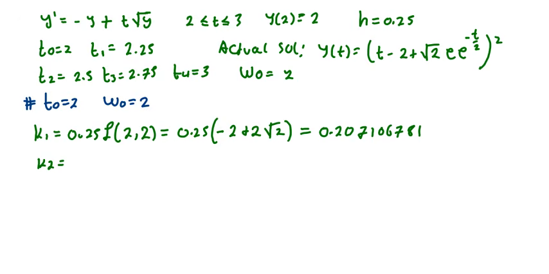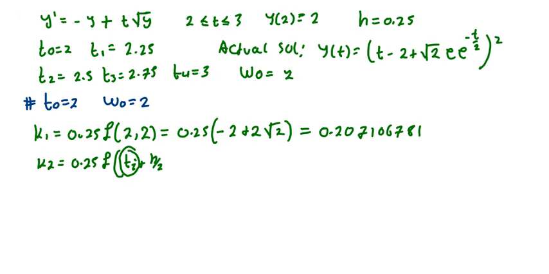Okay, what about our k2? K2 will be equal to 0.25. Now here, remember, it's f of ti plus h over 2. So if you go to your calculator, you say h over 2, which is 0.25. So 0.25 divided by 2 is 0.125. When you add it to ti, what is your ti?